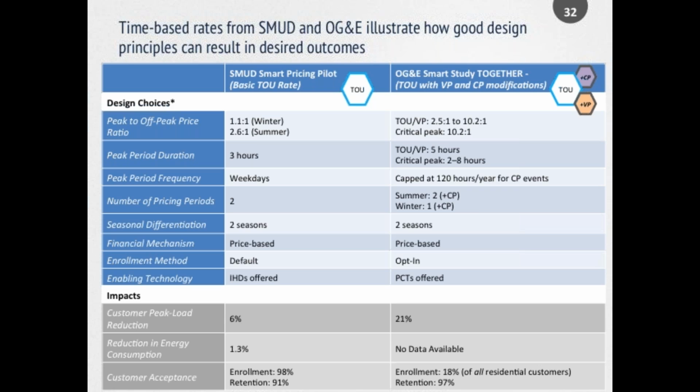And of course, embedded within that, cost recovery and other objectives are critical and necessary, but things like the POP ratio and even the duration of an on-peak period, we really wanted to consider that. How does it appear to the customer, and how does that support or enable them to make a decision?